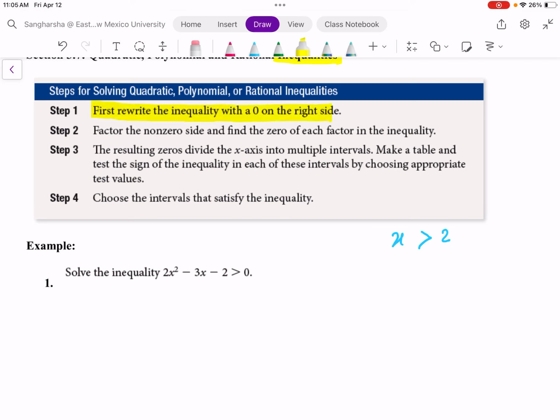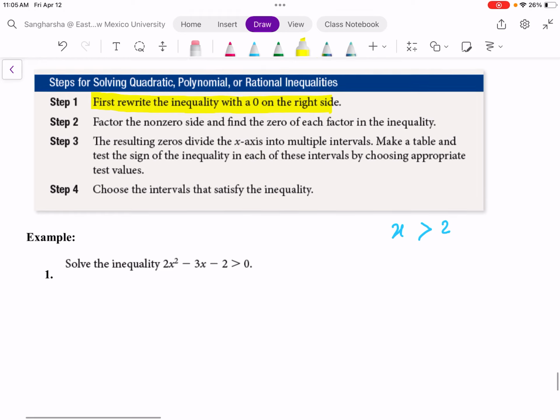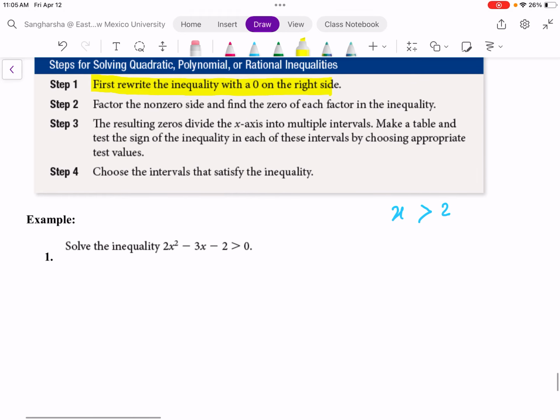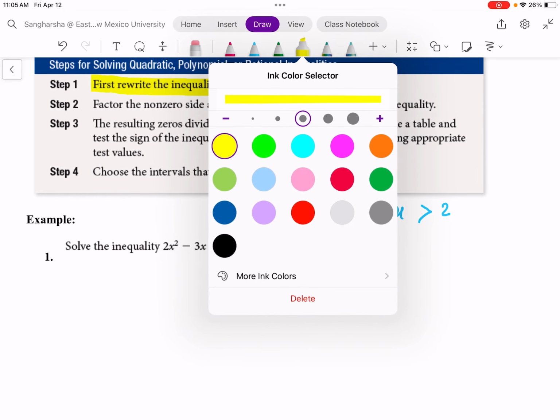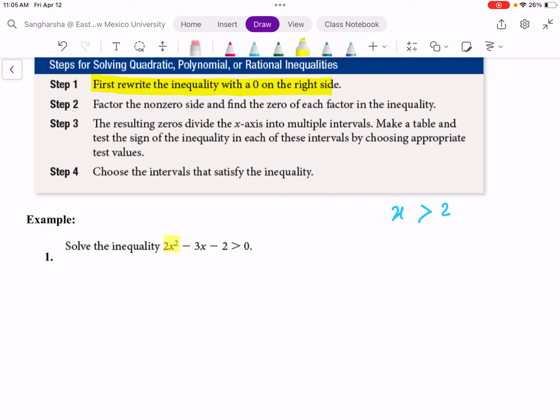It does not matter if it is linear, quadratic, polynomial, or rational. If you have an inequality, make one side of the inequality 0. Now let's do that for our example 1. This is a quadratic inequality, and we already have 0 on the right side, so we can skip step 1.